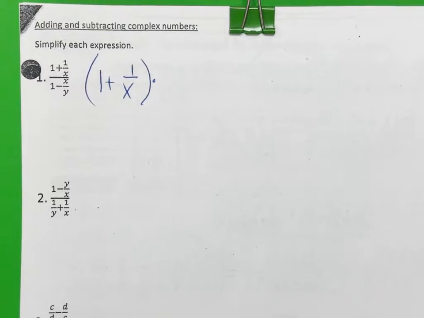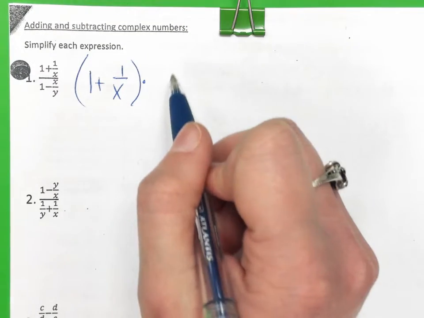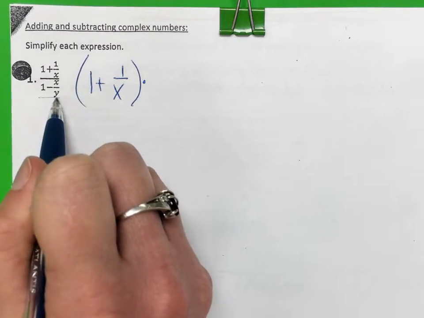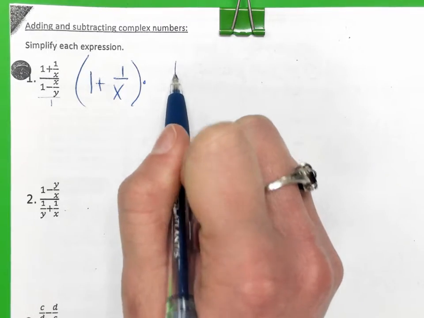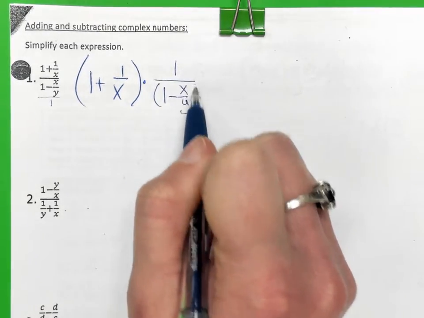How do I flip it? What is all of this over? 1. So it'd be 1 over 1 minus x over y, right?